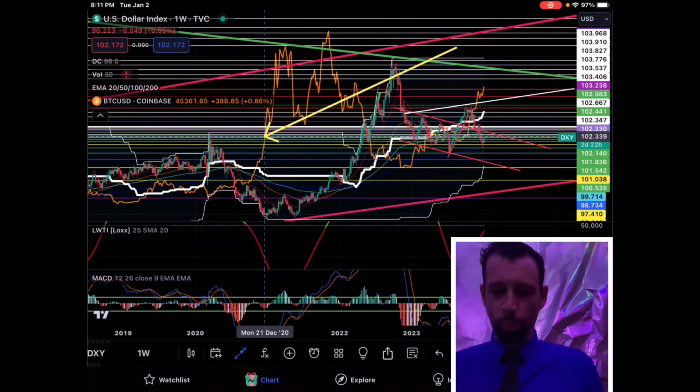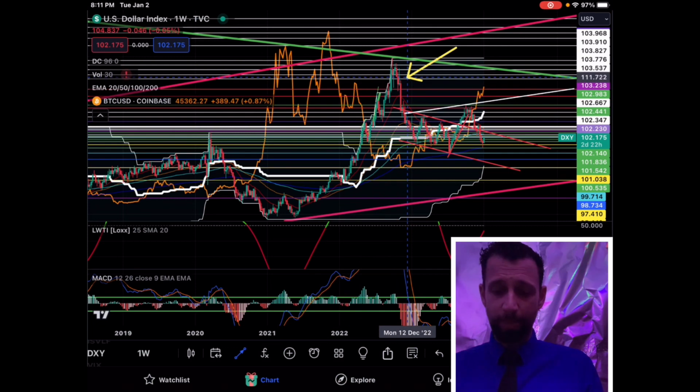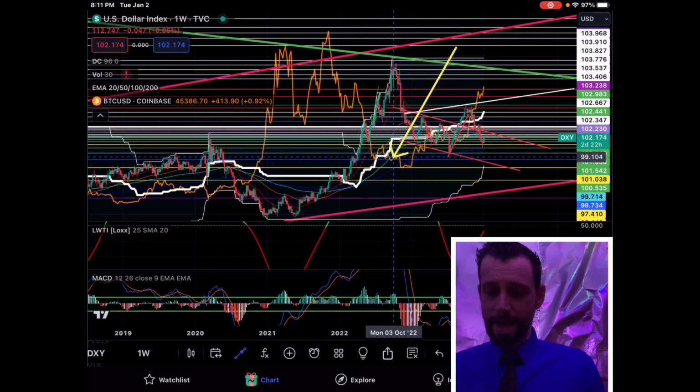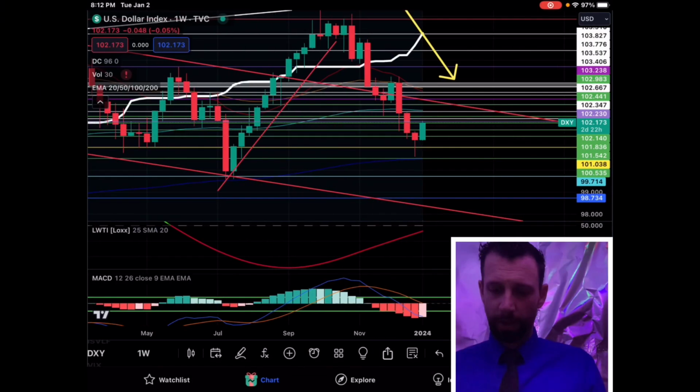Notice that when the dollar goes down, generally speaking, Bitcoin goes up. And generally speaking, when the dollar goes up, Bitcoin indeed goes down. And so right now you can see we've had this same divergence recently. The dollar has been on its way down, Bitcoin has been on its way up. Let's get rid of that so we can take a closer look at what the dollar is doing.